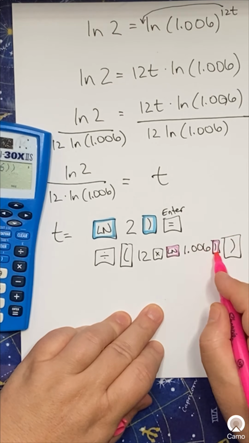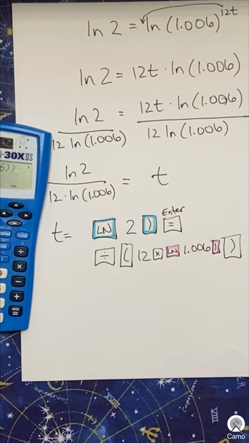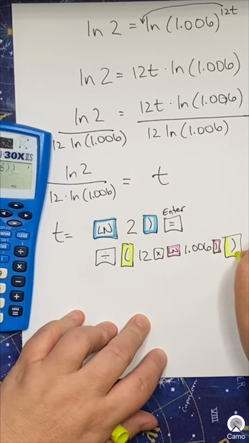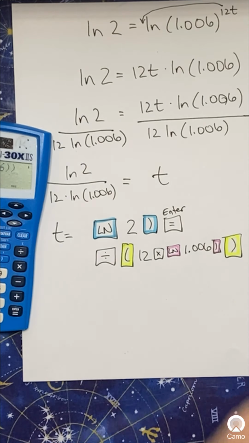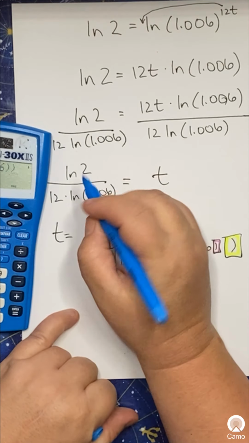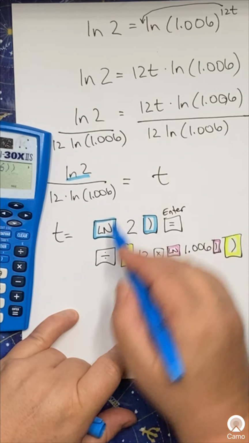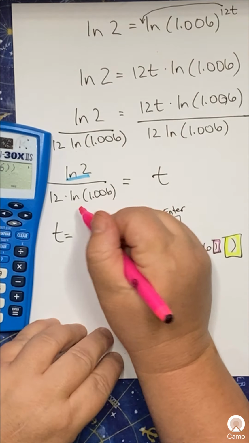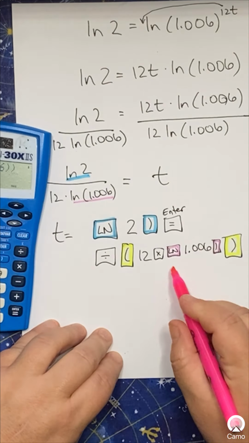Open natural log, close it. And then this parenthesis goes with that parenthesis. And in the actual problem, here's my blue piece right there, and here's my pink piece right there.